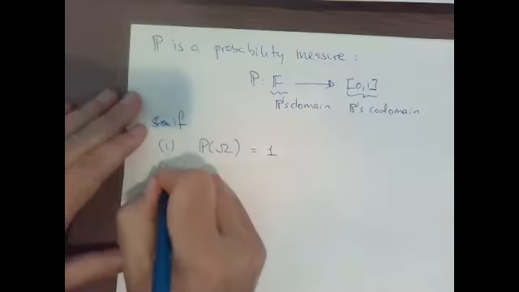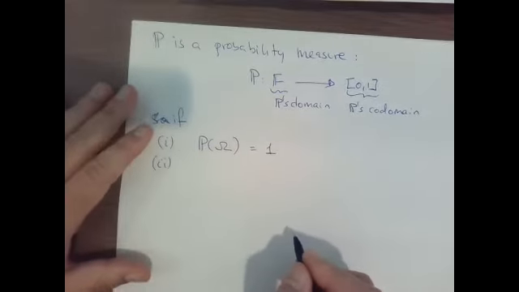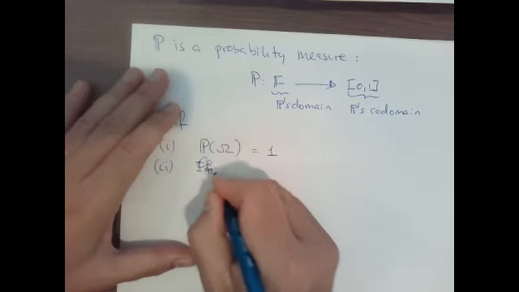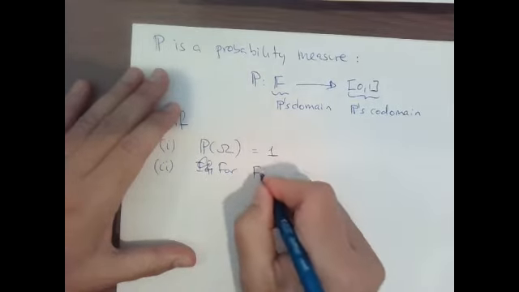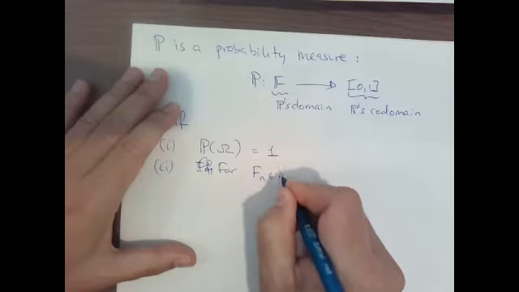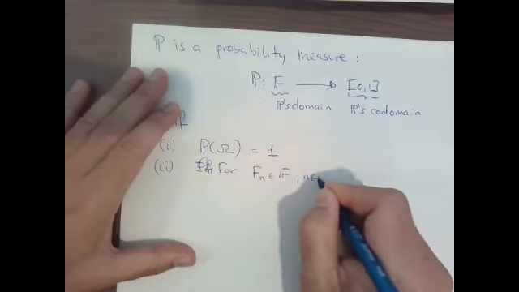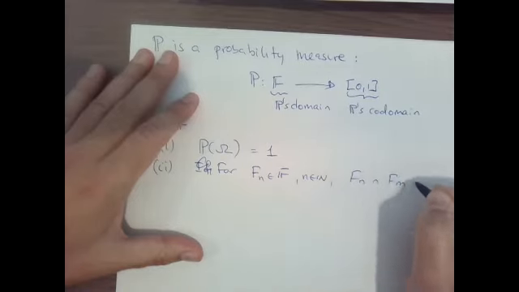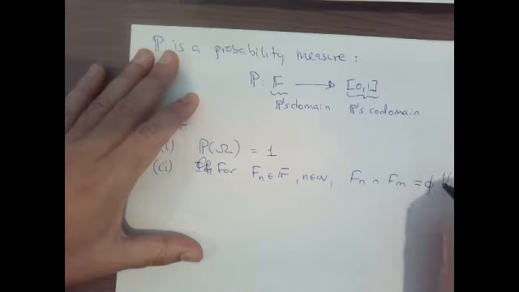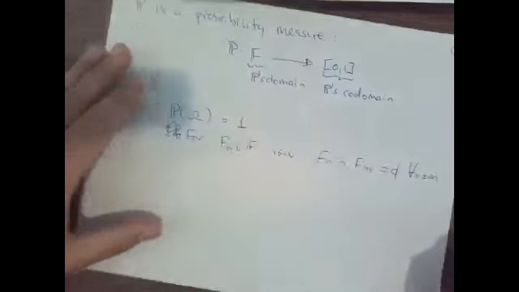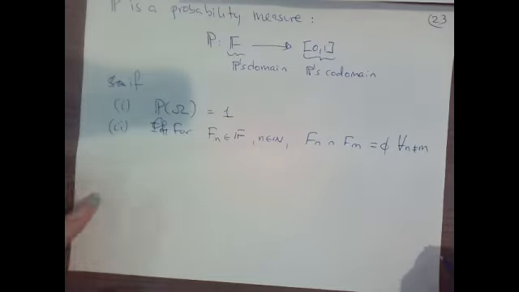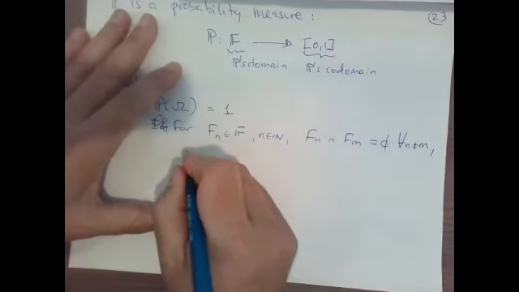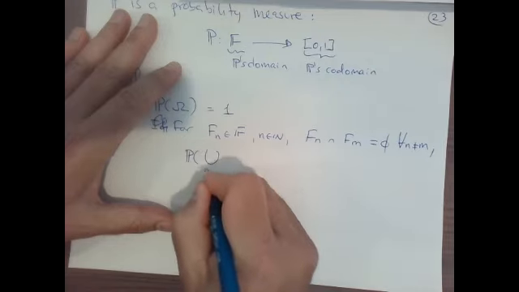And the second part is if I take sets F_n in F, disjoint, so take a bunch of disjoint sets, and then I want to compute the probability of this union.